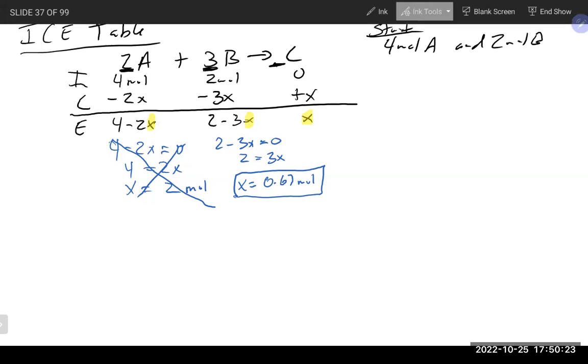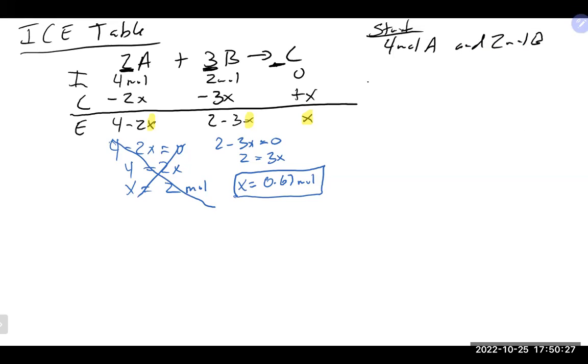For example, if we wanted to calculate the moles of C, we see that at the end here, it is equal to X, which means we are done with that calculation. This would be 0.67 moles of C produced. Again, obviously, if we had the molar mass of C, we could figure out how many grams that would be.